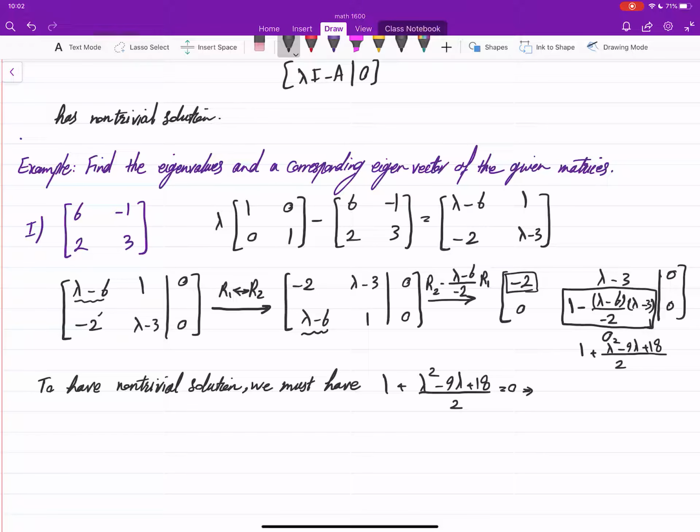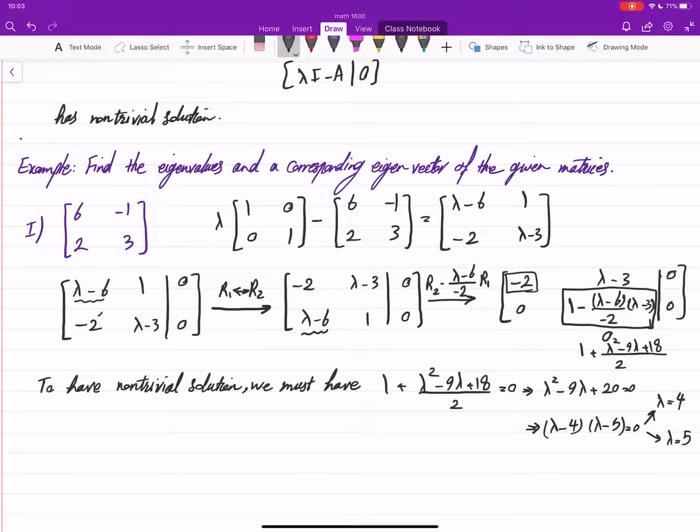Well, in other words, we need lambda squared minus 9 lambda plus 18 plus 2, which is 20, equal to 0. And that is (lambda minus 4) times (lambda minus 5) equals 0. So lambda either is equal to 4 or lambda is equal to 5.